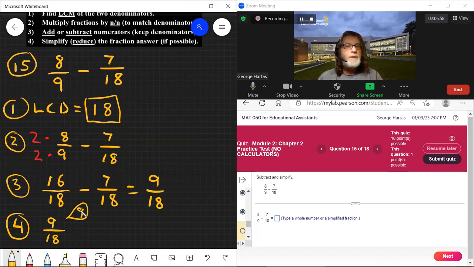The 9 that you're thinking about divides into this 9 once. 9 divides into 18 2 times. Cross out the thought bubble. What do we have left? 1 over 2. So that's what you want to type in: the reduced, simplified answer.